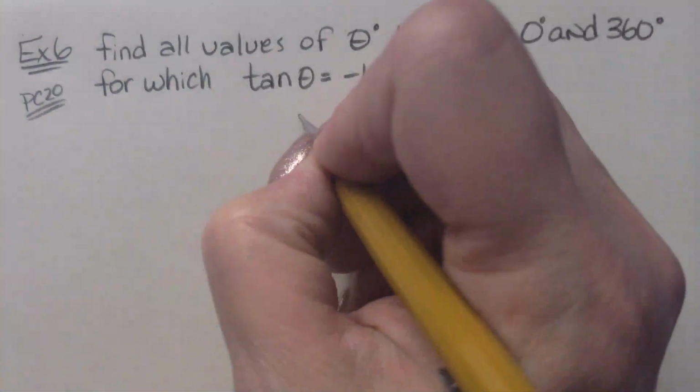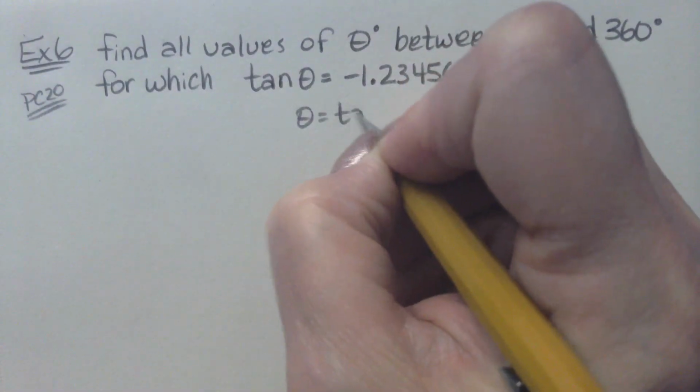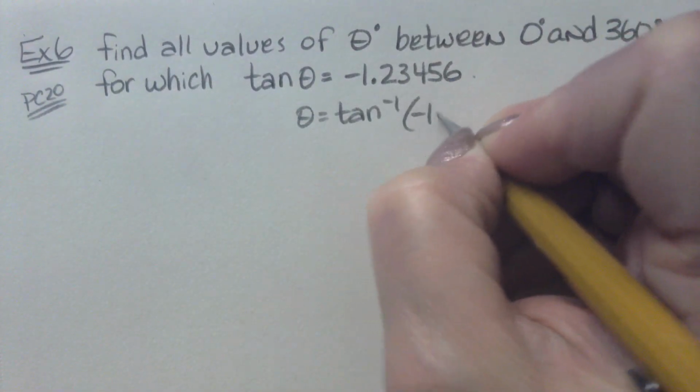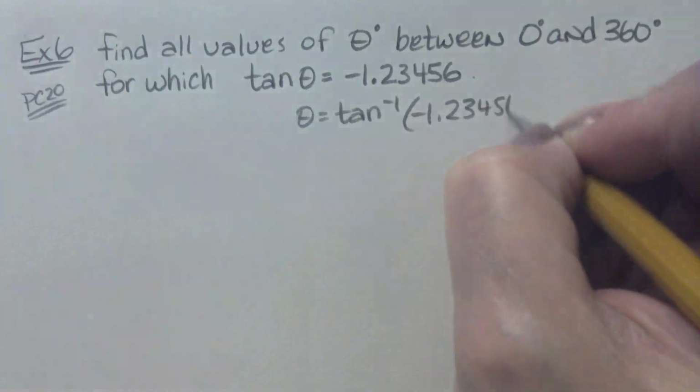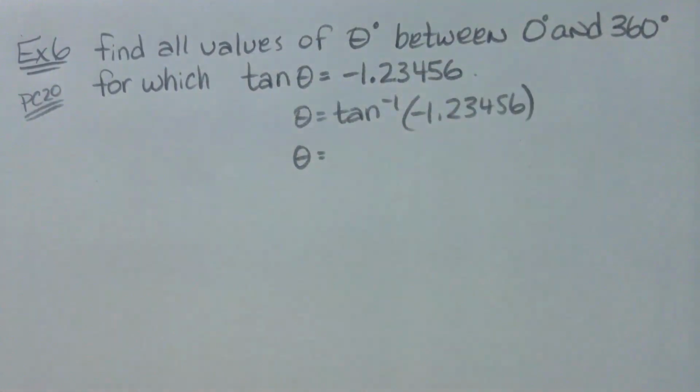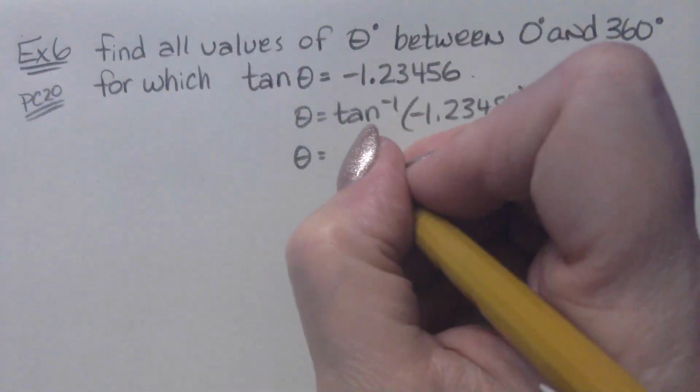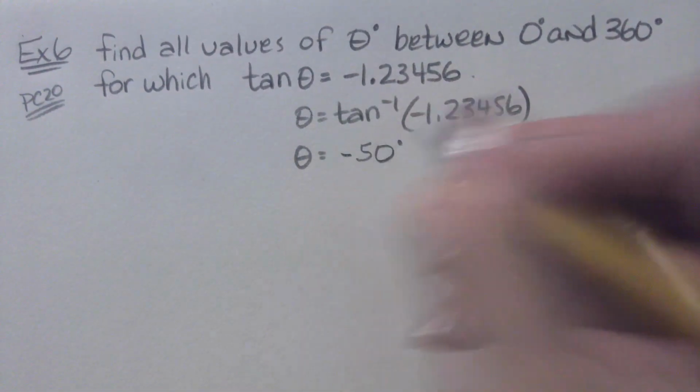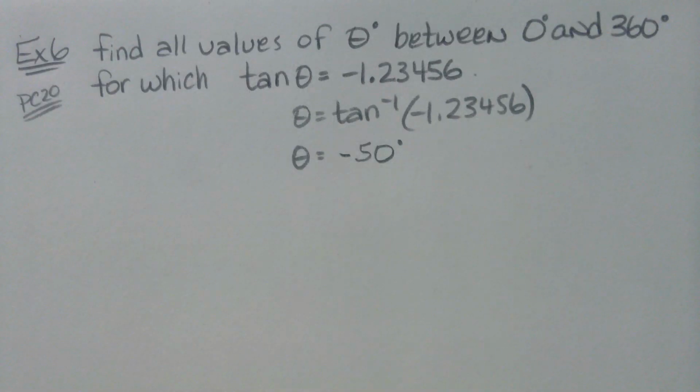Theta equals tan to the negative 1 of negative 1.23456, and that will give us our angle. Second function tan, negative 1.23456, and that gives me negative 50.99, and a lot of times it'll give me a negative. Now, again, your calculator doesn't know what it's doing. It's just calculating the math of it.